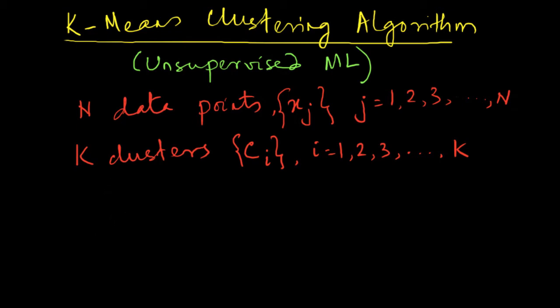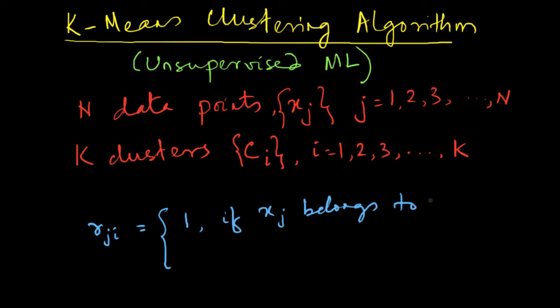To denote which cluster the data point belongs to, we will use this variable r_ji. So what does this mean? r_ji is equal to 1 if the point x_j belongs to C_i. For the points we are using the subscript j, and for the clusters we are using the subscript i.